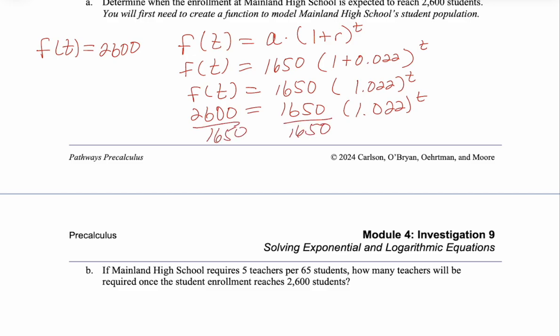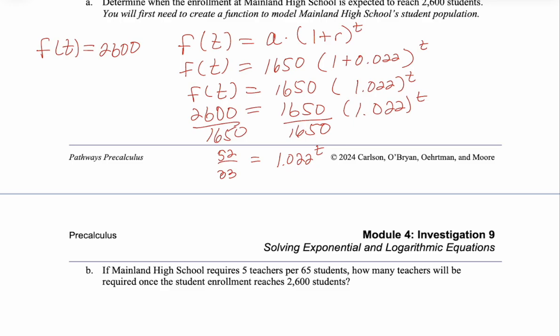Now, 2600 divided by 1650 does not give us a decimal that stops and is pretty, so you can either reduce the fraction, or you can just leave it 2600 over 1650 for the rest of the problem. It doesn't matter. It does actually reduce to 52 over 33, just smaller things to write. And that's equal to 1.022 to a power of t.